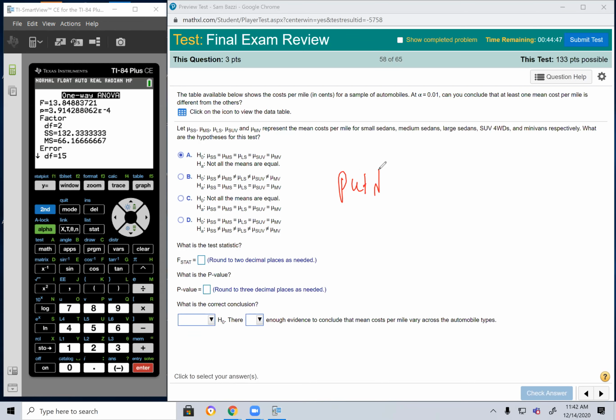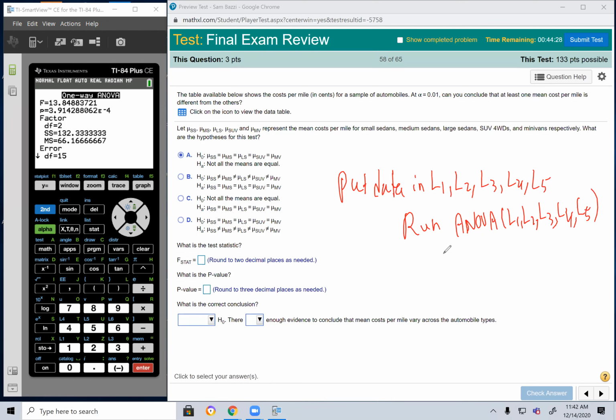Put data in L1, L2, L3, L4, L5, and then run ANOVA on L1, L2, L3, L4, L5, and then you get F and you get the p-value. Here you go. He says F and the p-value, and then choose your conclusion.